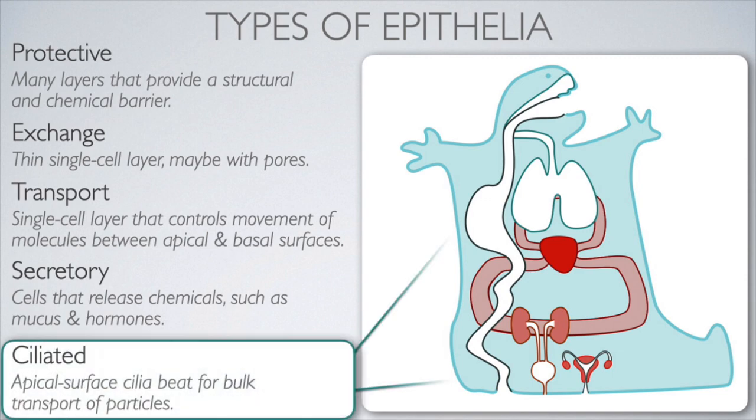And then finally, we have ciliated cells. We'll talk about them a little bit. You have cilia in the fallopian tubes and the sex organs of women. We have cilia that line the trachea and the other air passageways within the lungs to keep particles from accumulating in the more delicate exchange surfaces within the lungs.